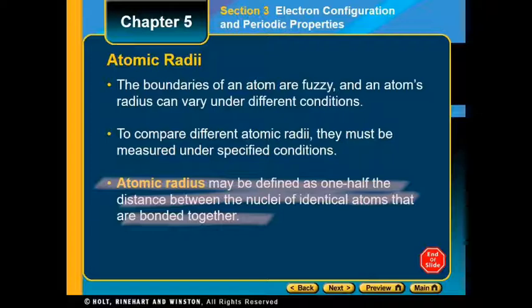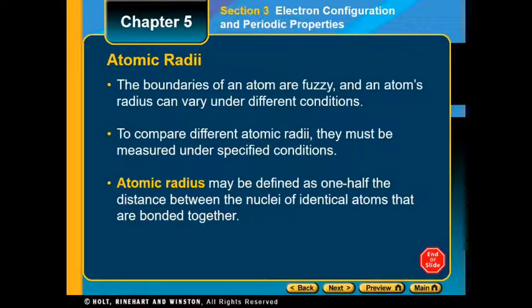You've got your electrons that are moving super fast in a wave-like motion, spinning on their axis. So because of that cloud-like edge that you have to atoms, we do bond 2 atoms together and take half the distance of that bonded diameter that you have. So that is atomic radius.